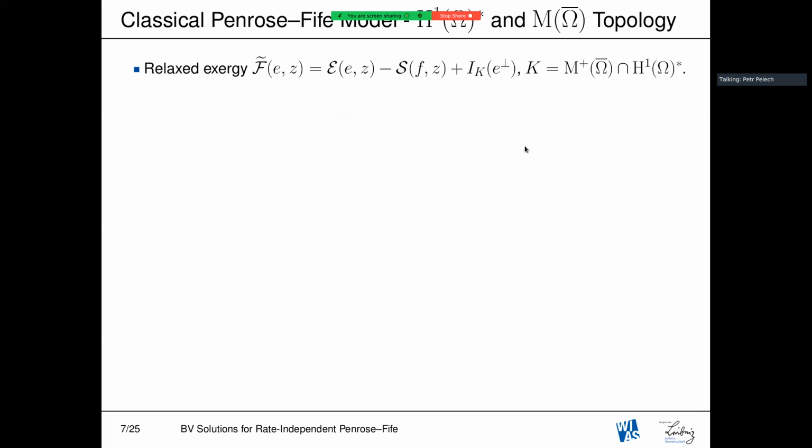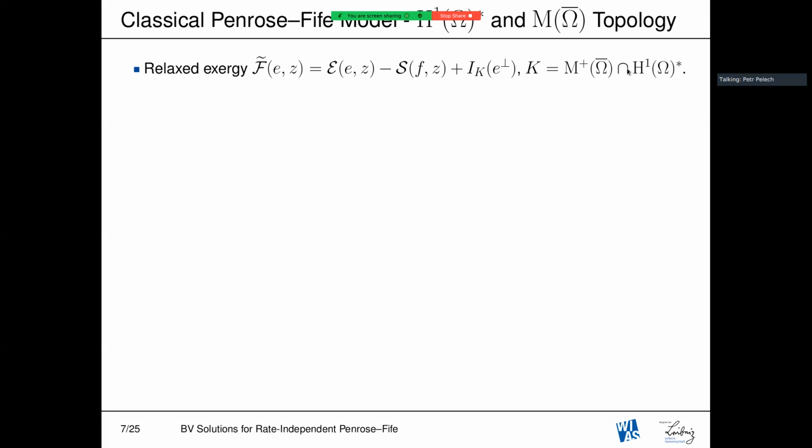The formula is long. The point is that it's the old formula with here the total measure. Here's only the absolutely continuous part, and here, responsible for the plus infinity, is the indicator function, which takes the singular part, and K stands for the cone of non-negative measures in H1 star.